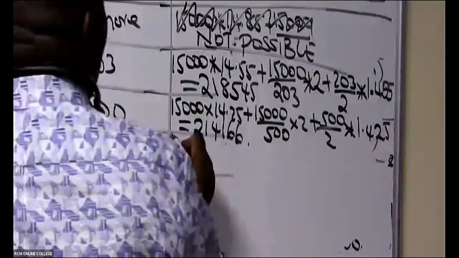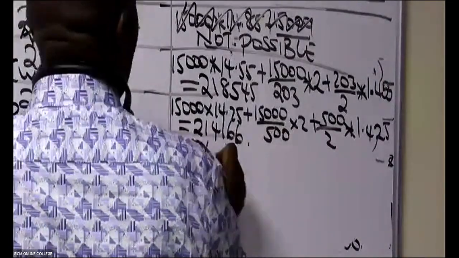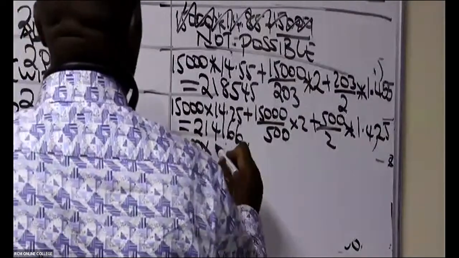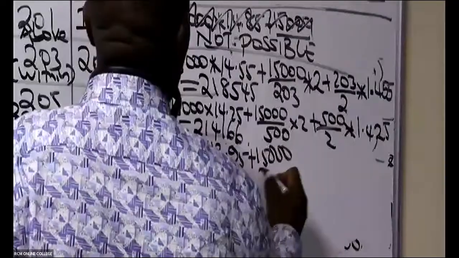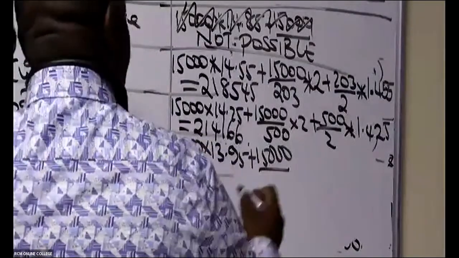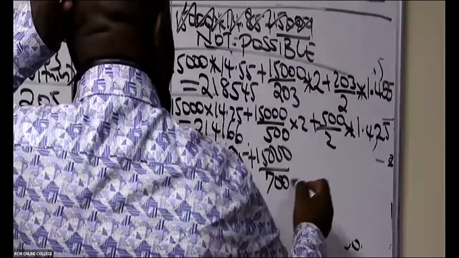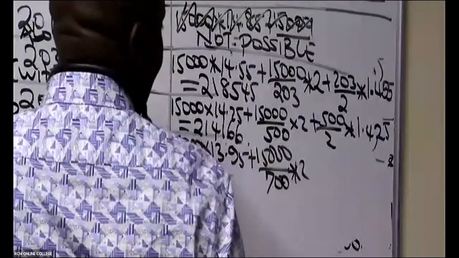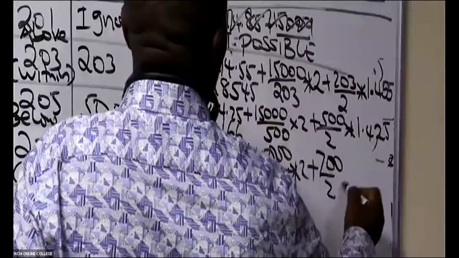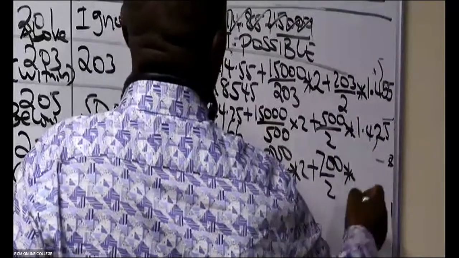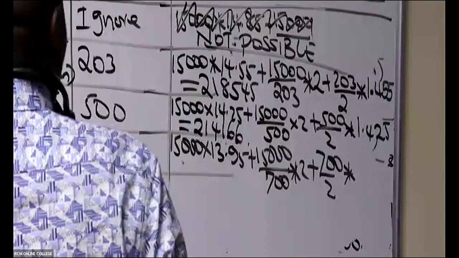So it will be 15,000 times 13.95 plus 15,000 divided by the EOQ, which is 700, times 2 is constant. Ladies and gentlemen, the 700 over 2 times, in this case here, 1.395.